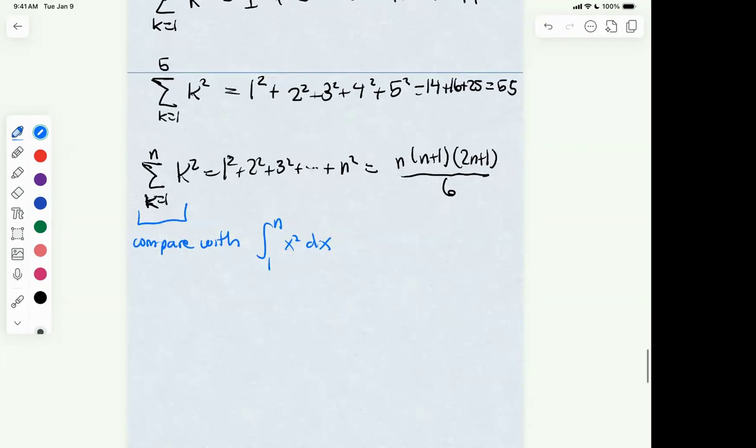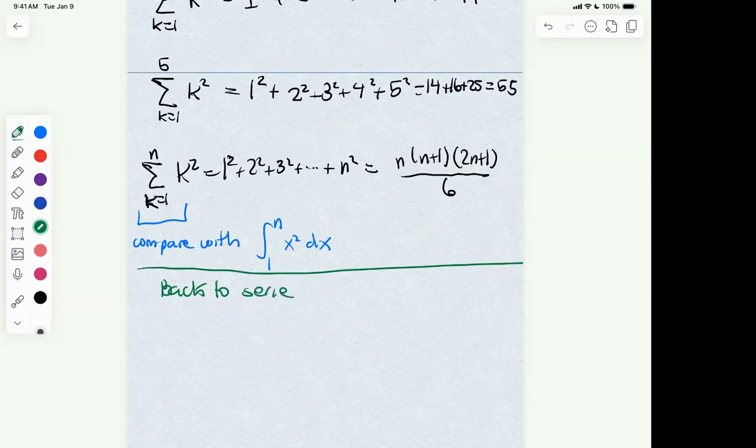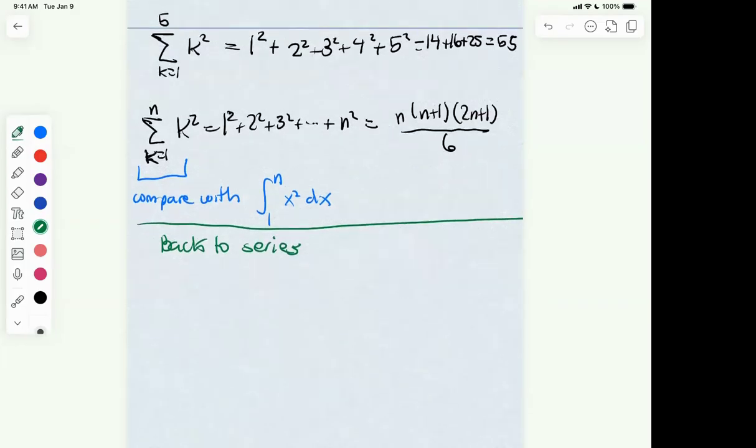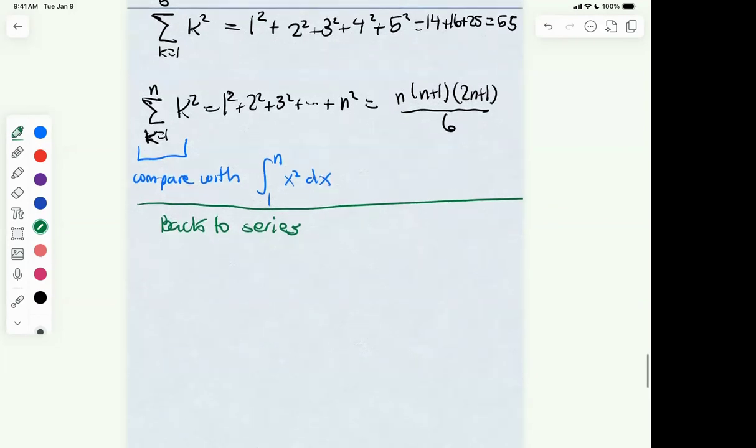But just to go back to the series, how are we going to think about this? If we do this geometric series, and next time I'll give you all these definitions.